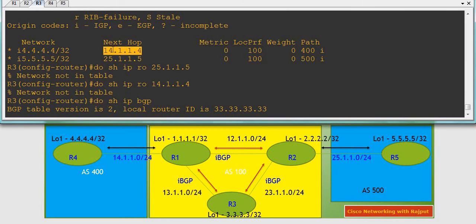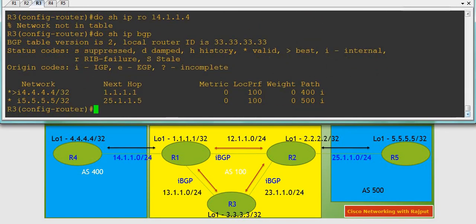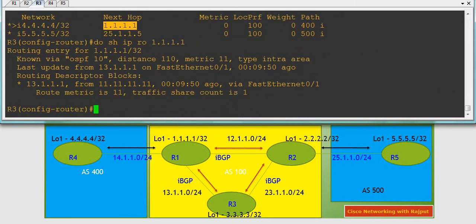Earlier it was 14.1.1.4 which eBGP has set, but now we enabled iBGP to reset the next hop IP address from what eBGP has configured to its own IP address. So as soon as the next hop IP address is changed to 1.1.1.1, this device must know how to reach this IP address, and that's why it's getting it through OSPF 10, and that's why this prefix is installed as best route in the BGP table as well as in the routing table.